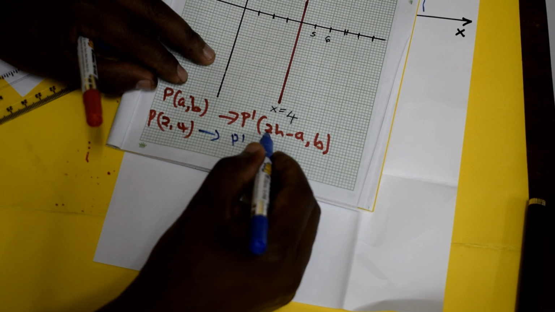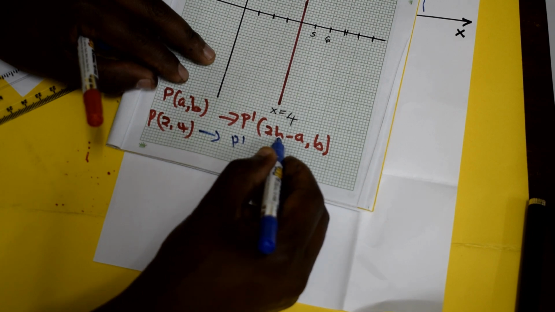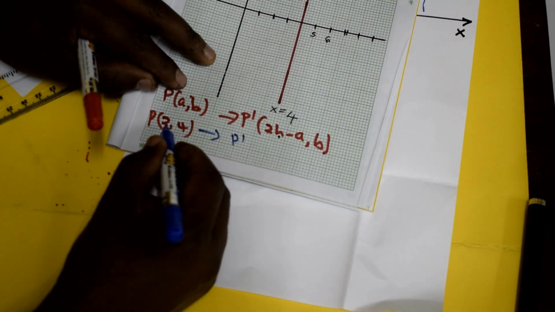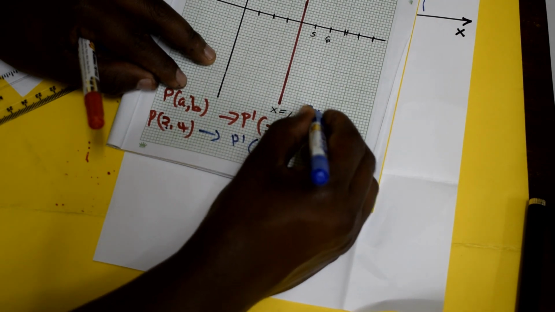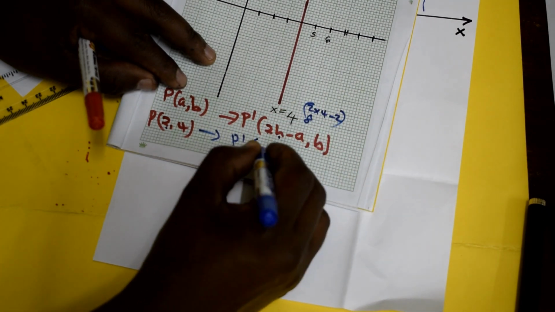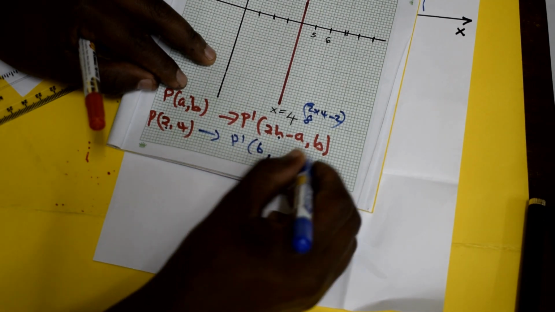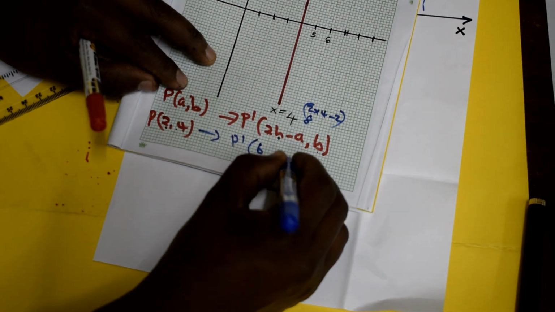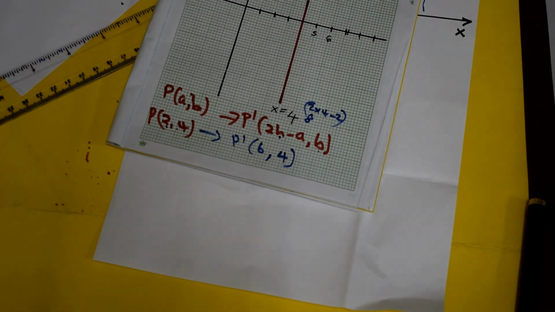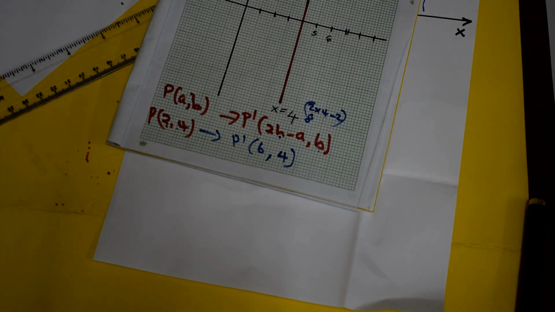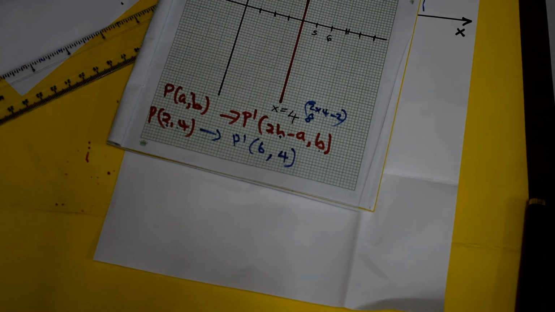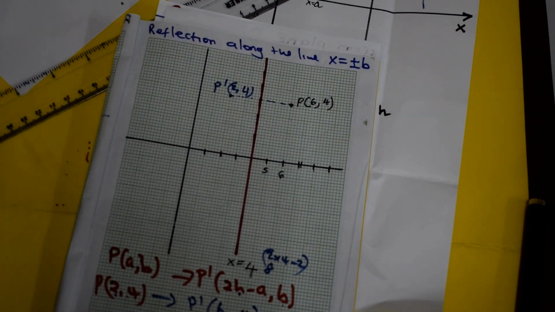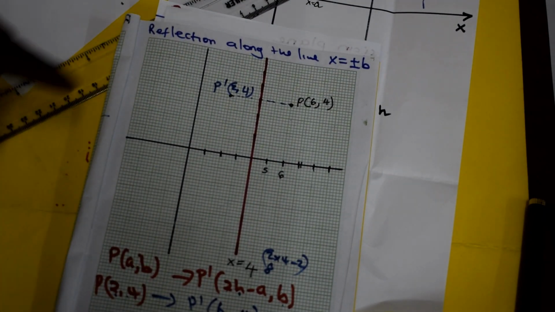So 2 times 4 gives us 8, minus 2, which gives us 6. This is the x coordinate, and then our y still remains to be 4. So P prime will be (6, 4), and it's also possible to get this to the other side. So that's how we do a reflection when the line is parallel to the y-axis.